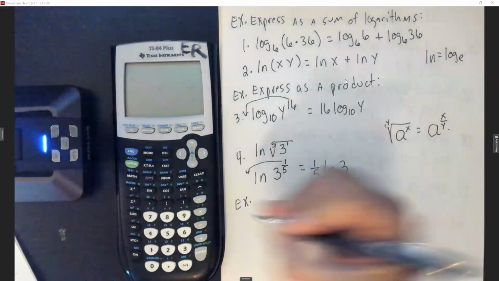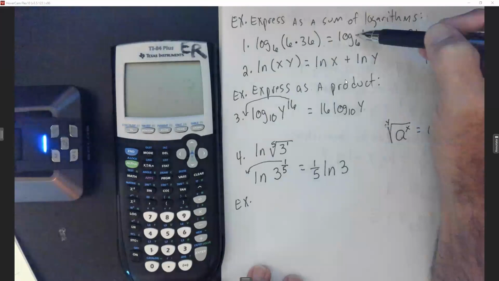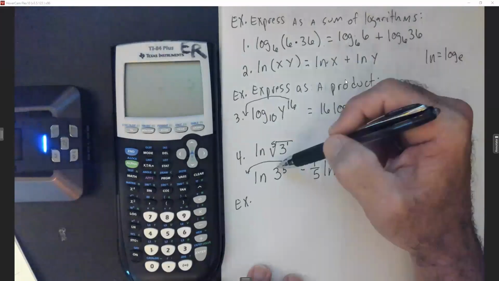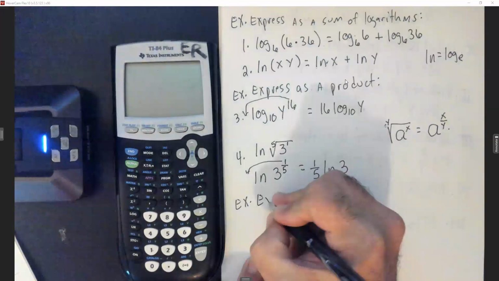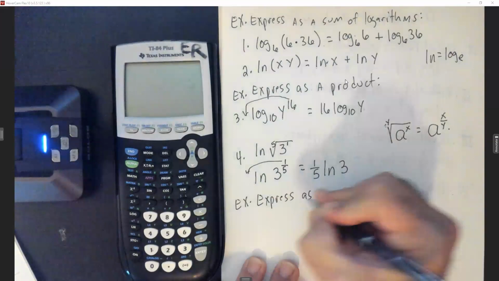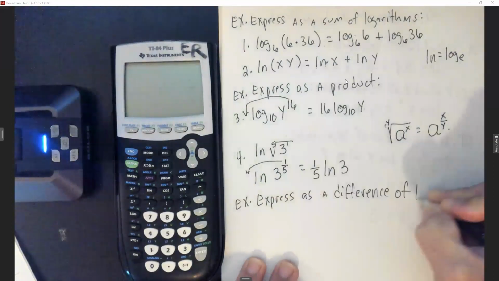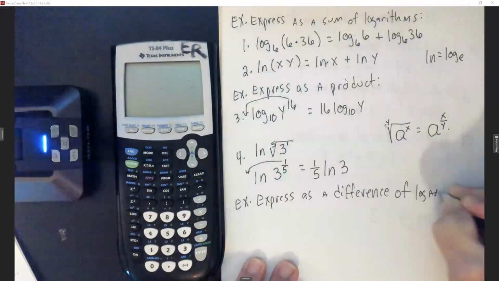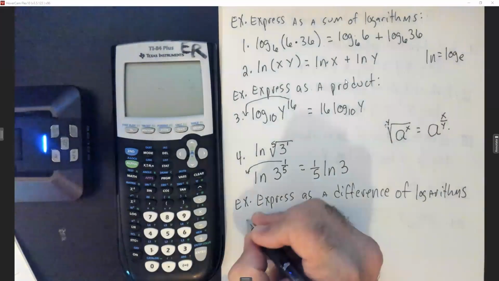So if you notice what we're doing, we're giving you one with logs and one with natural logs on every one of these problems. So now this one they want me to express as a difference of logs. So to end up as a difference, it's going to start out as a division.